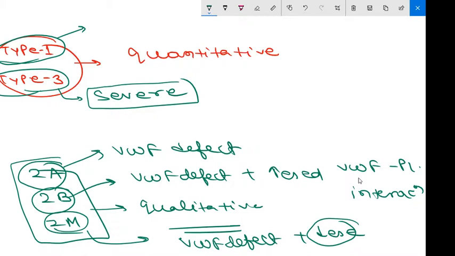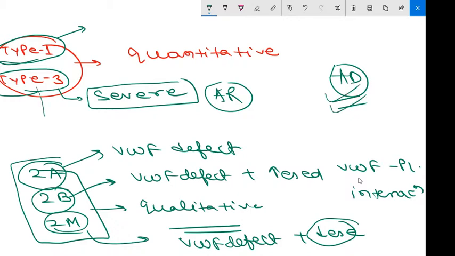Now one more point: type 3 is autosomal recessive, and the rest are all autosomal dominant. Remember this: type 1, type 2A, type 2B, type 2M are all autosomal dominant except type 3, which is generally autosomal recessive. Clear?